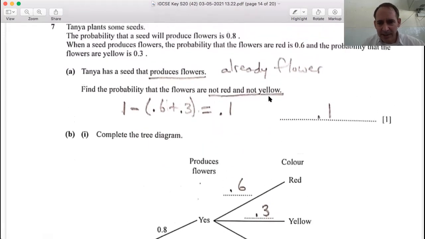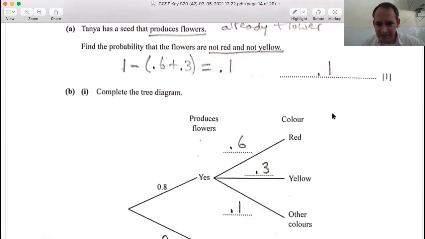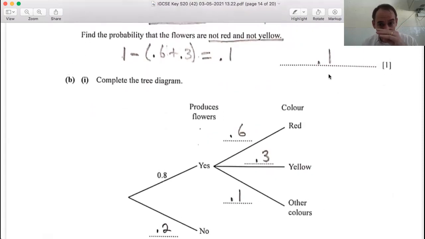But if it's not red and not yellow, the not an event is 1 minus the probability of the event. So if it's not red and yellow, it's 1 minus the probability that it is red or yellow. So 1 minus 0.6 plus 0.3 is again the 0.1. That's how you get this 0.1 down here. So these two kind of correspond depending on which one you looked at first.